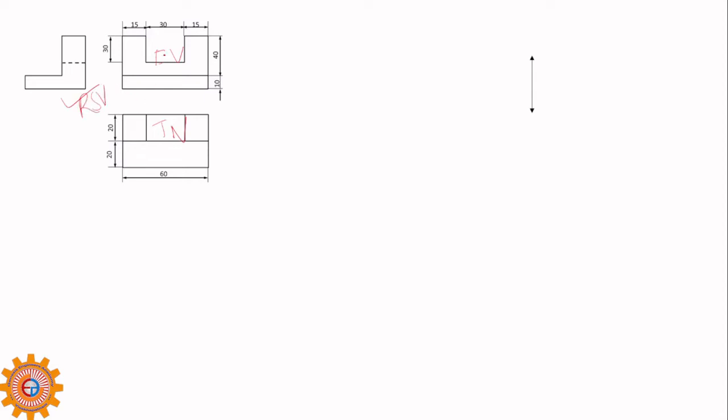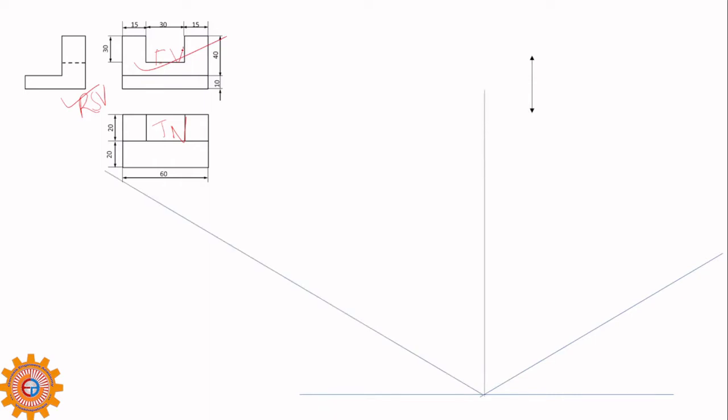Okay, so first you have to draw the front view. Here also I draw the same thing, horizontal line, inclined line, then vertical line. Now my duty is to draw the lines for easy location to complete the final diagram.